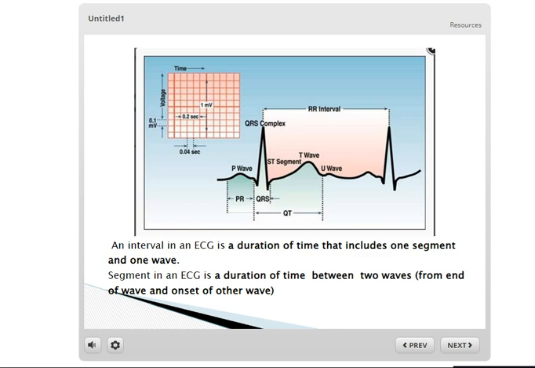An interval in an ECG is a duration of time that includes one segment and one wave. A segment in an ECG is the duration of time between two waves, from the end of one wave to the onset of another wave.